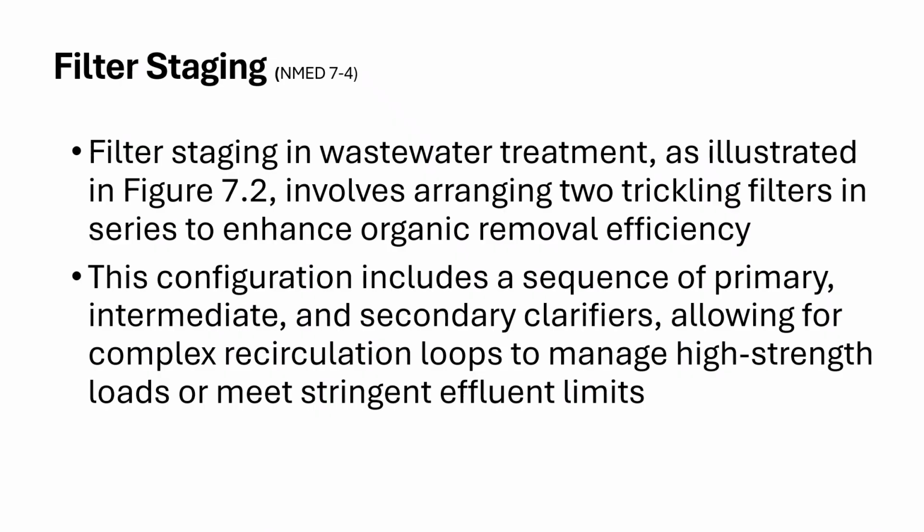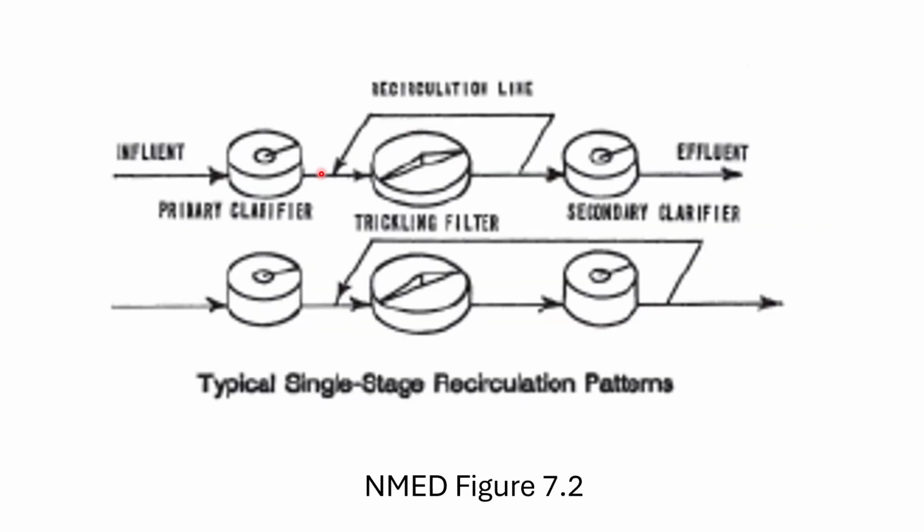We can recirculate the filtrate or the effluent in different patterns, so that we can manage any high strength flows coming in, any spikes in BOD coming in. We can also arrange them so that we come closer to meeting some pretty stringent effluent limits in our permit. Okay. So in this case, we have our influent coming in.